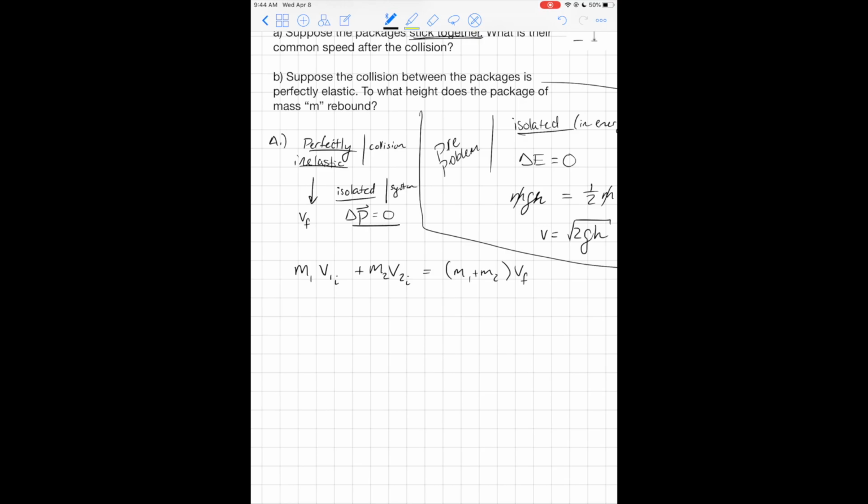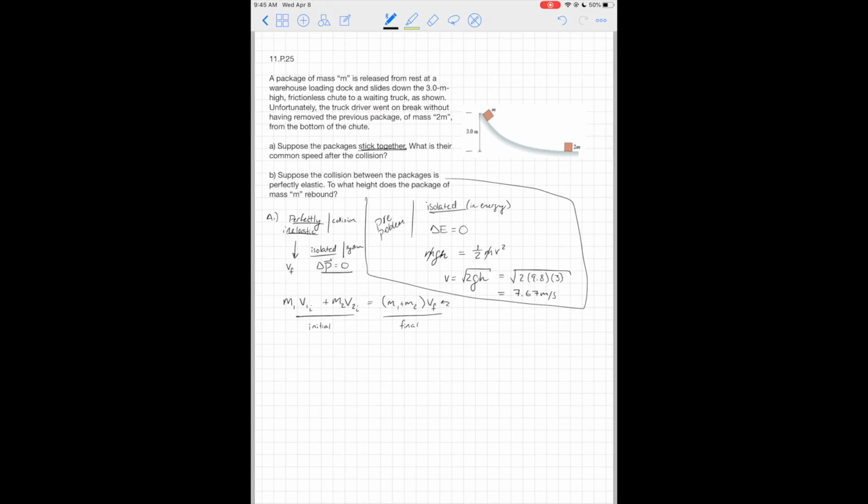This incorporates our isolated scenario: my initial momentum is equal to my final momentum. And I'm also incorporating the perfectly inelastic collision with this shared VF.